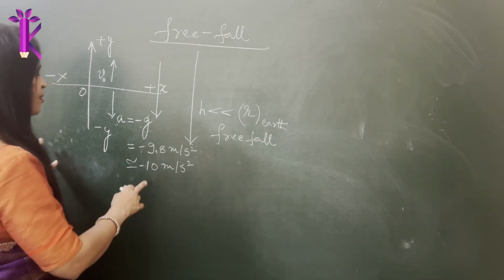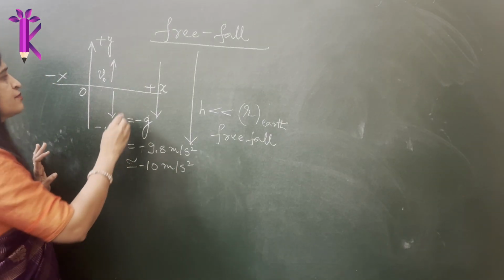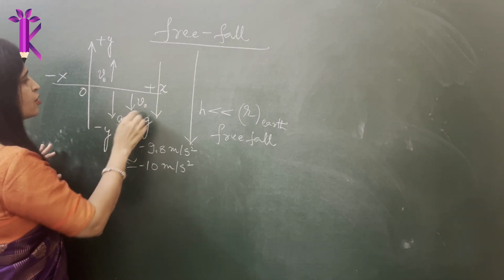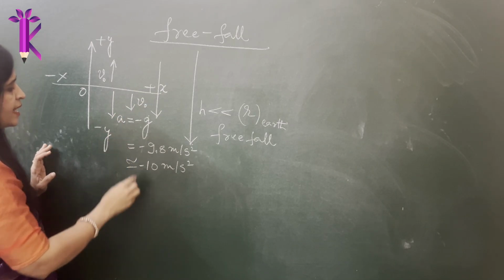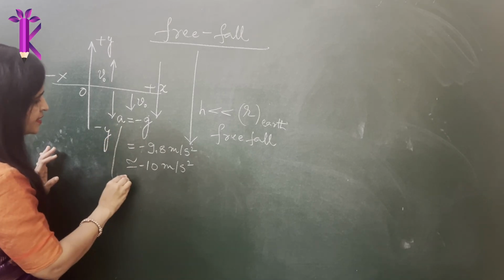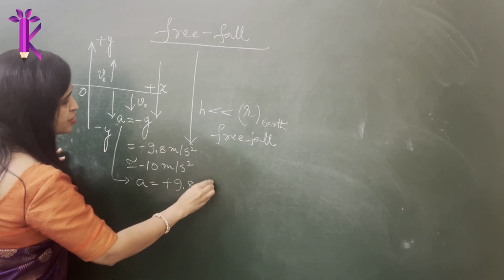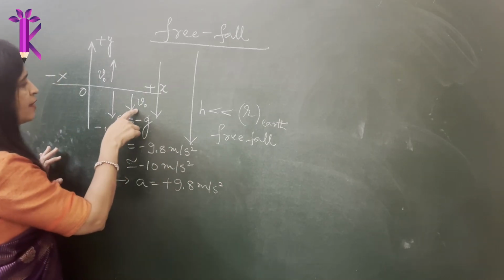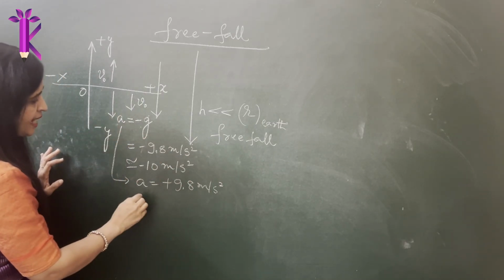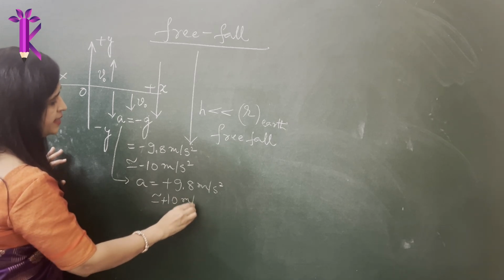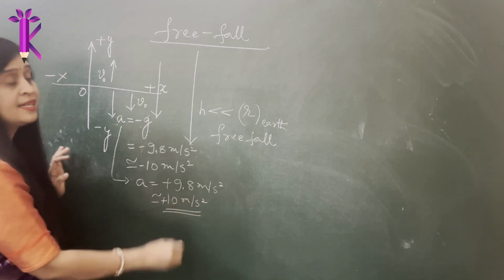Now suppose the object is moving in the downward direction, and the direction of velocity is the same as the direction of acceleration. In such cases acceleration will be plus 9.8 meter per second square, because the velocity and acceleration are in the same direction, or approximately plus 10 meter per second square for all practical purposes.